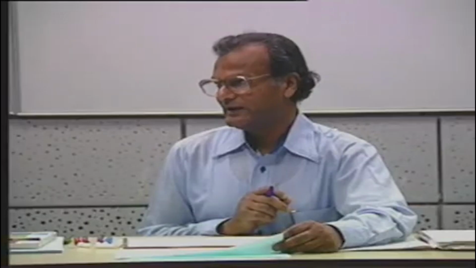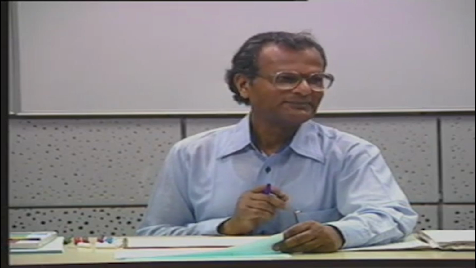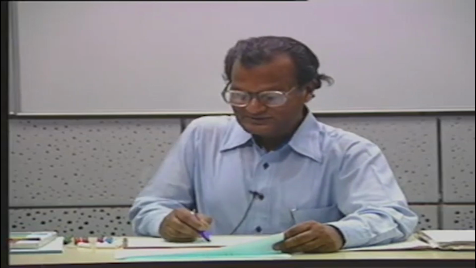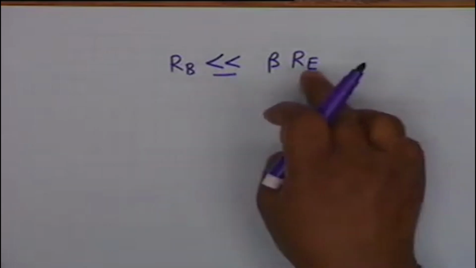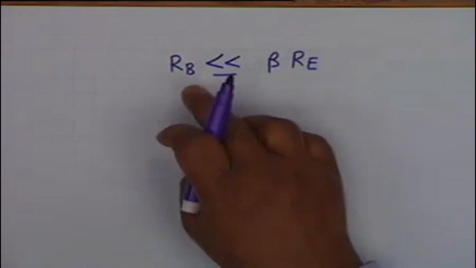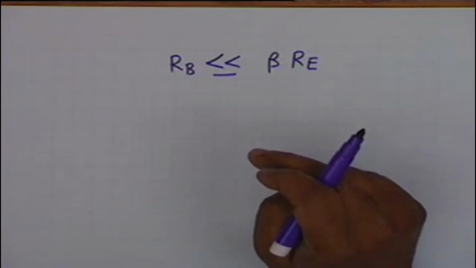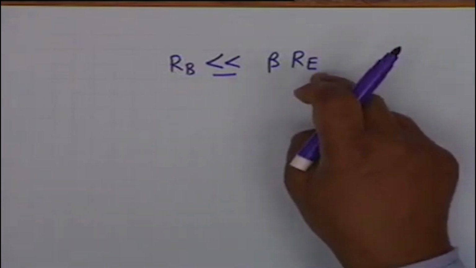Which beta should you take? The nominal or the worst case minimum or worst case maximum? Minimum, because you are taking much less than, and therefore Rb must be much less than beta min Re, which means that beta min Re is the limit. Is it the lowest value or the highest value?